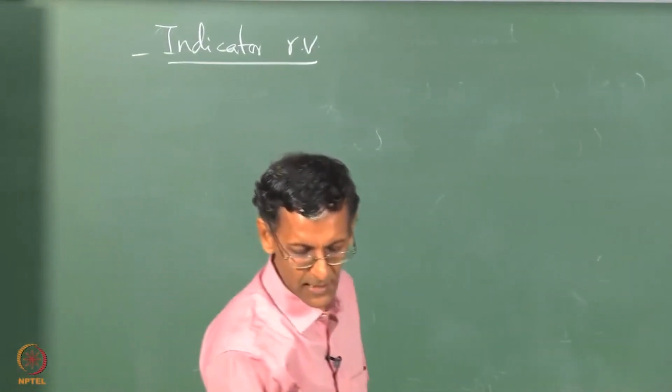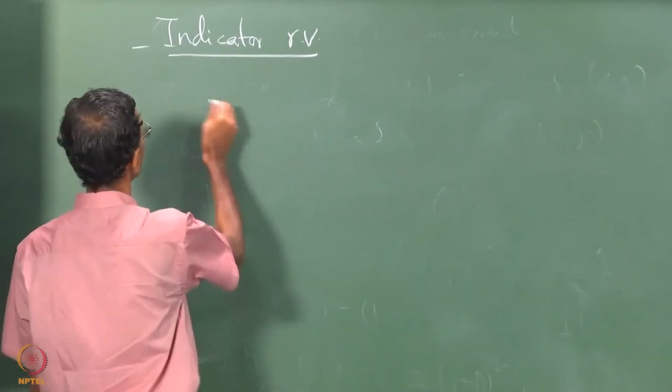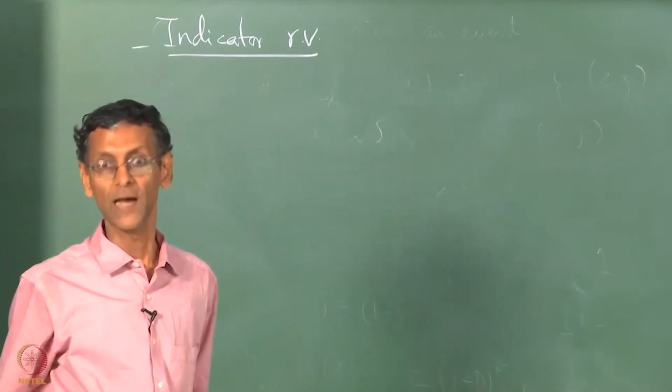Indicator random variables are also very useful in many situations. Basically, they are Bernoulli random variables which are connected to events, that is all they are.